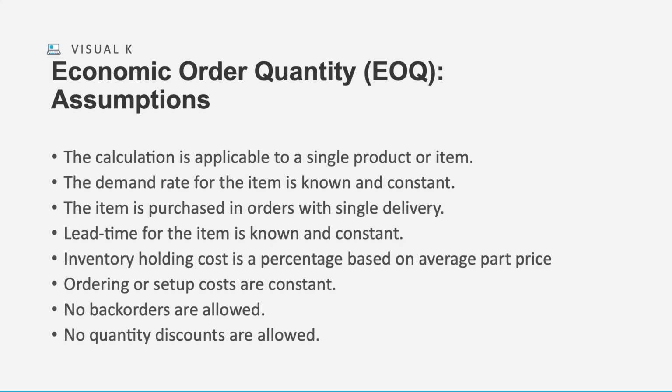And then also you have no quantity discounts, right? So for example, if you buy 1,000 of them, the supplier might give you a 5% discount. It's looking at it as not having that, because that affects the value that the system is calculating for that economic order quantity.